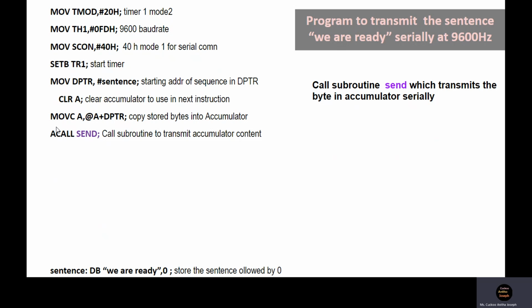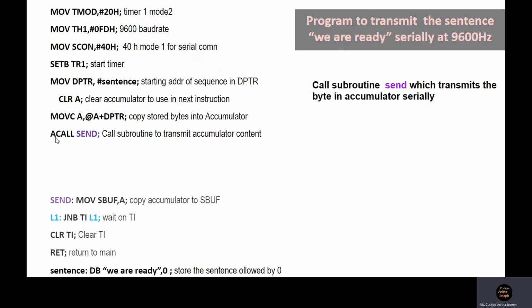What does this subroutine do? It transmits the content of the accumulator at the specified baud rate through the TXD pin. So the subroutine will be like this. We are familiar with this subroutine now. Send is the name of the subroutine.